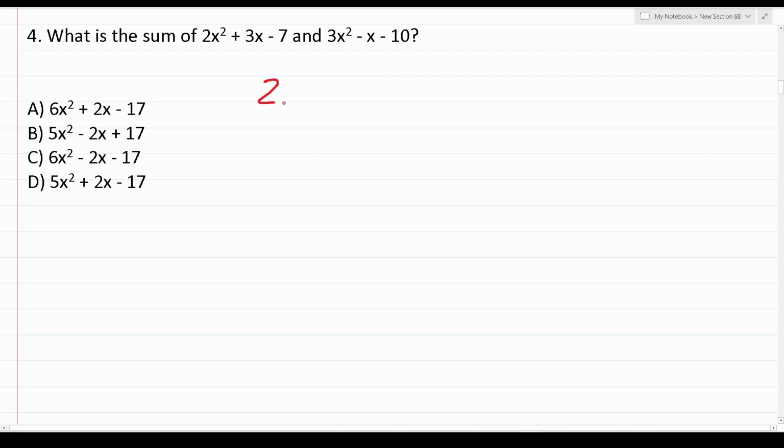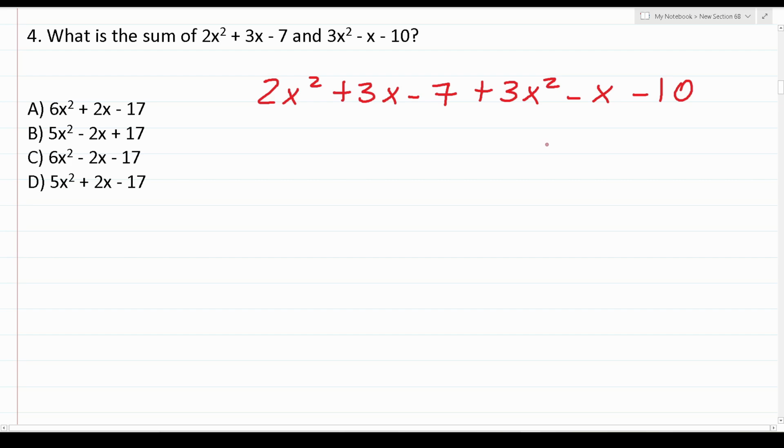Again, we're taking 2x squared plus 3x minus 7, and we're adding to that 3x squared minus x minus 10. So the trick to this one is to identify like terms and combine them.